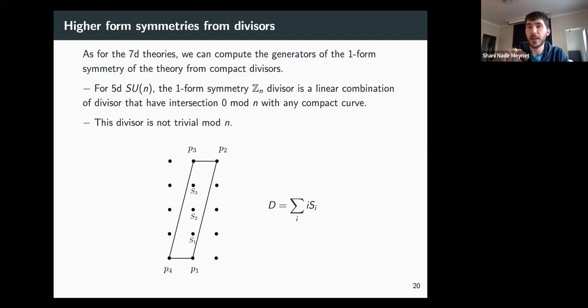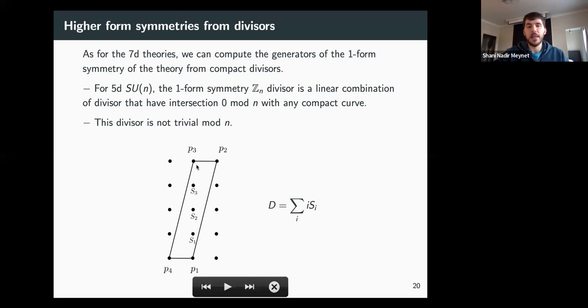Playing the game as I played before, I can just take a linear combination of divisors such that the charge of each curve with respect to this divisor is a multiple of n, and this is not a trivial divisor, and this gives me a way to construct a compact divisor that is associated to the boundary 3 cycle that encodes the one-form symmetry of the theory.